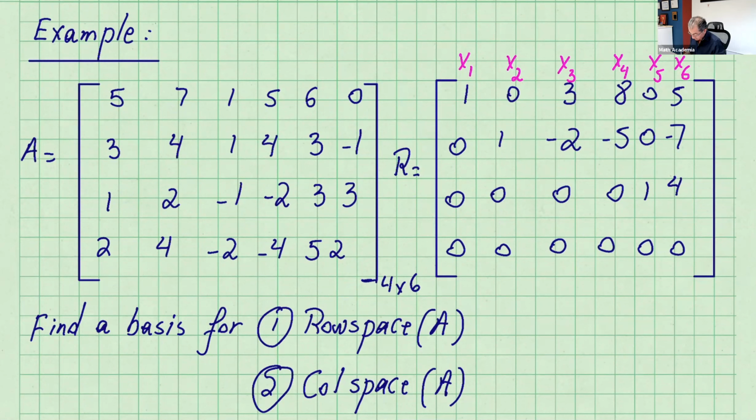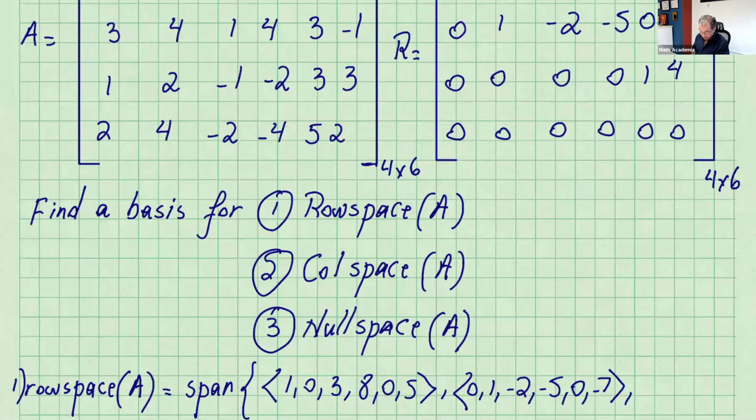This is also 4 by 6. Now, the question is, find the basis for the row space of A, the column space of A, and the null space of A. We're going to see how the RREF helps us find those.